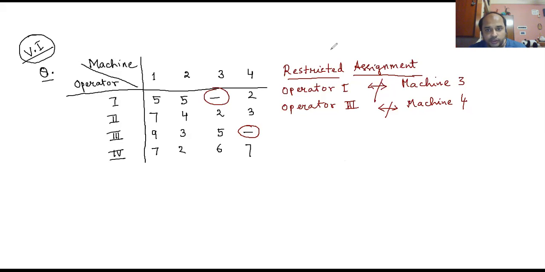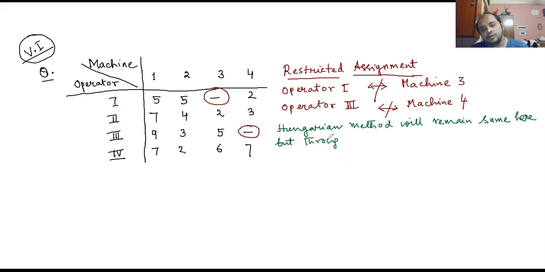So I must say to you that the Hungarian method in this case will remain the same here, but throughout the process, these dashes will remain as dashes.